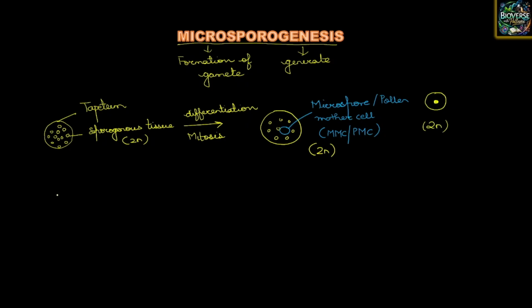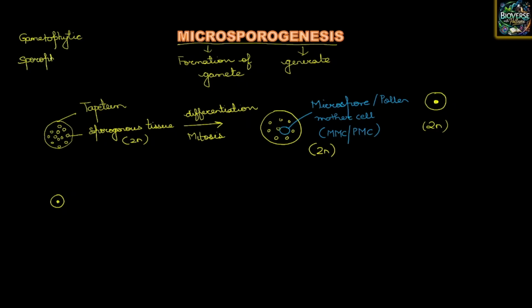Now, since we are talking about microsporogenesis, children, I'll make you understand two terms. The first term is gametophytic, and the second is sporophytic.